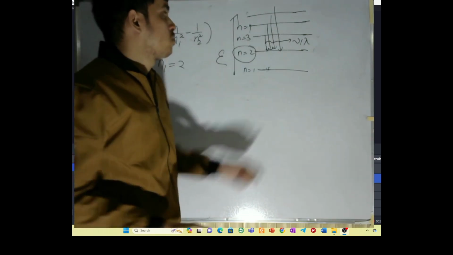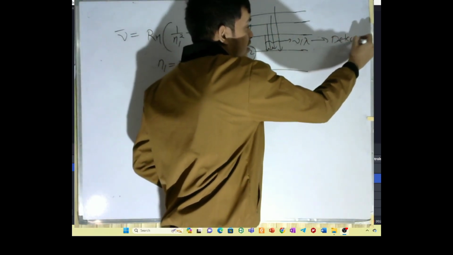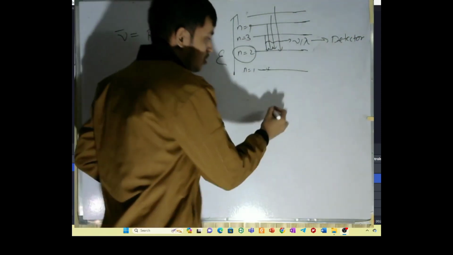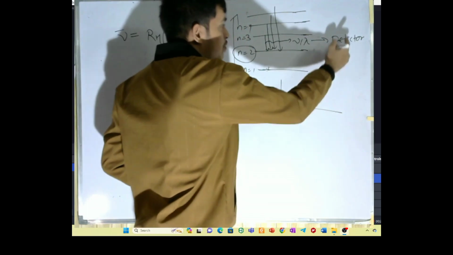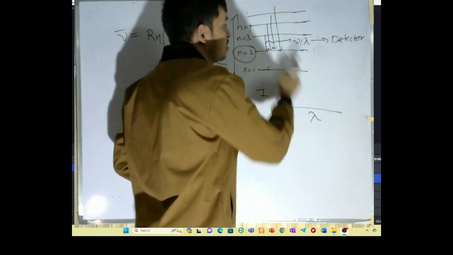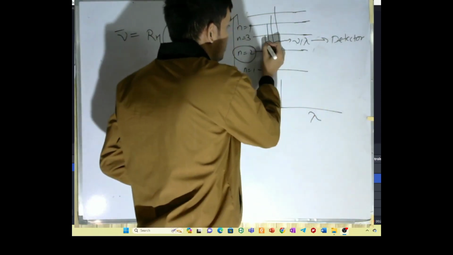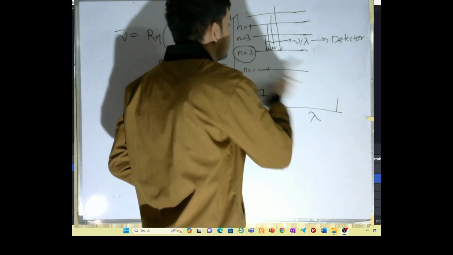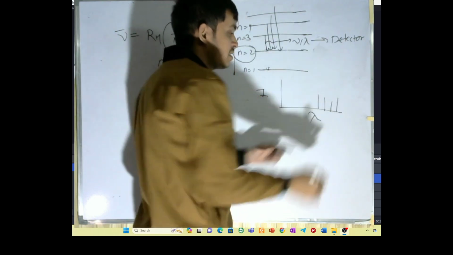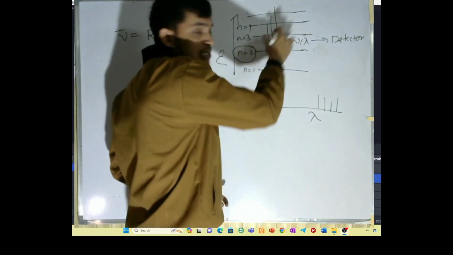This radiation is detected by a detector. The detector will plot a graph between intensity and wavelength of that emitted radiation. Let's suppose this radiation has a wavelength, this radiation has a wavelength, and so on. So there is a series of spectral lines corresponding to all these transitions.